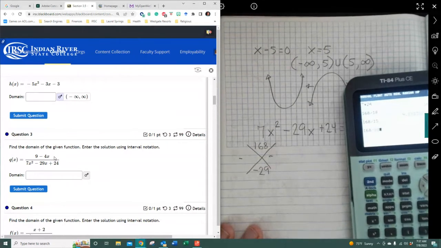Now, there is another strategy for that. 12 and 14 work for 168, they multiply together to create that. But if you add them together, that's 26, and not quite the answer we're looking for. So we're going to try a couple of different combinations, but that doesn't work. It doesn't look like we are finding what we need.